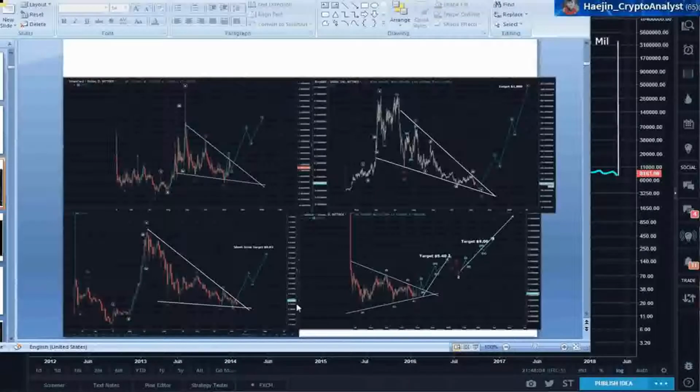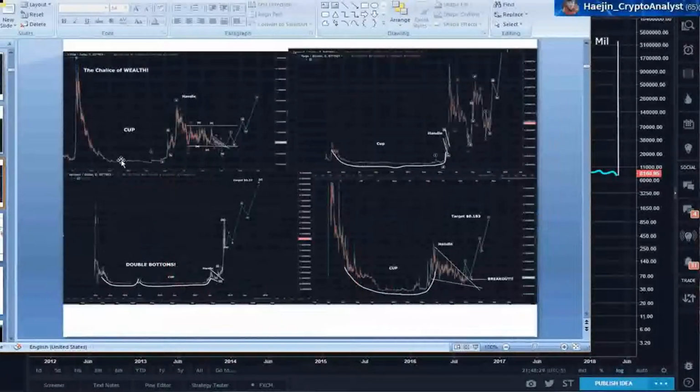Within the altcoin landscape, I am seeing three primary species of chart patterns. One is the bullish downward pointing symmetrical triangles, and these are beginning to pop up one at a time. The other one is the very bullish cup and handle species.